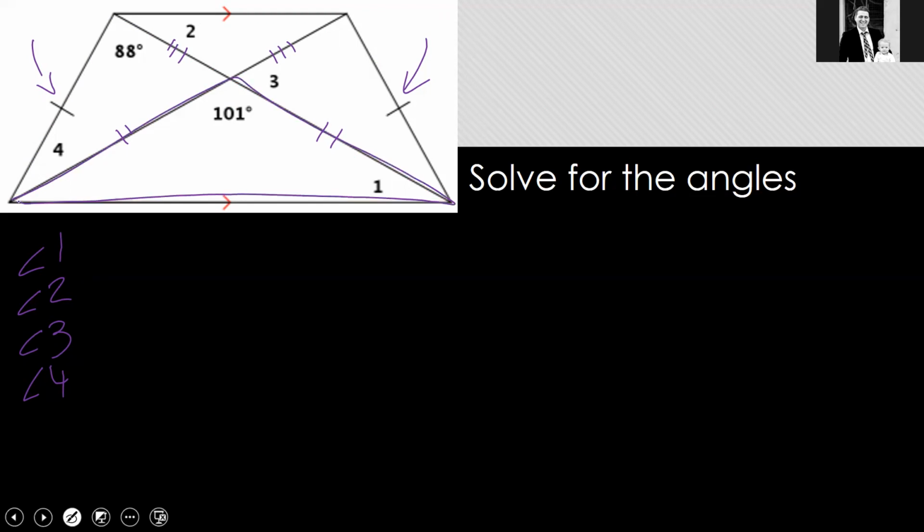Now, just like before, I see that I'm going to take this 101, and I'm going to subtract it from 180, and that's going to give me 79, which needs to be split up evenly between these two congruent angles. 79 divided by 2 is 39.5.